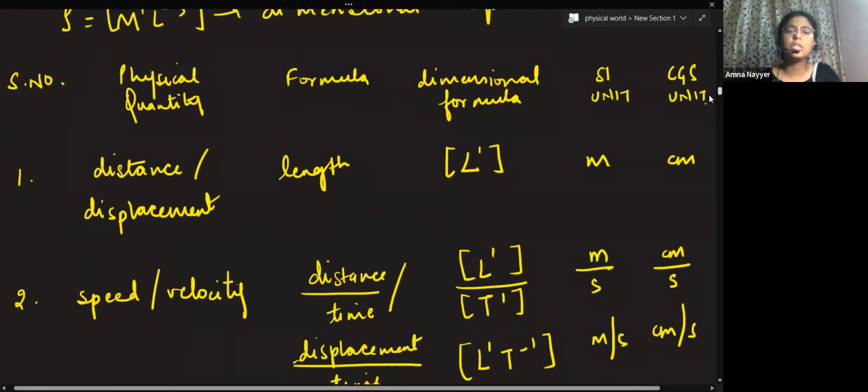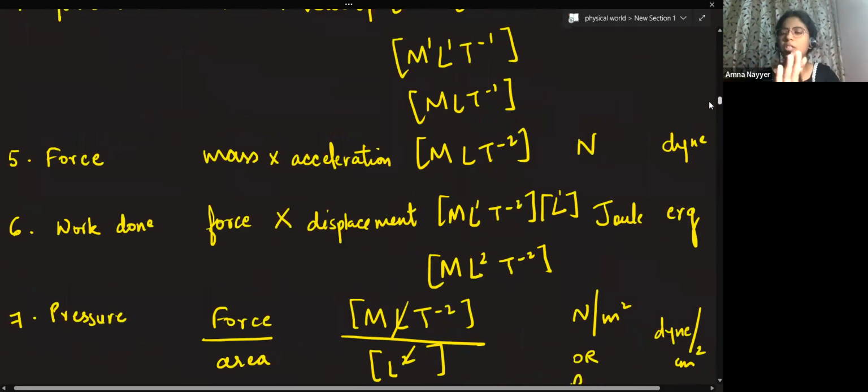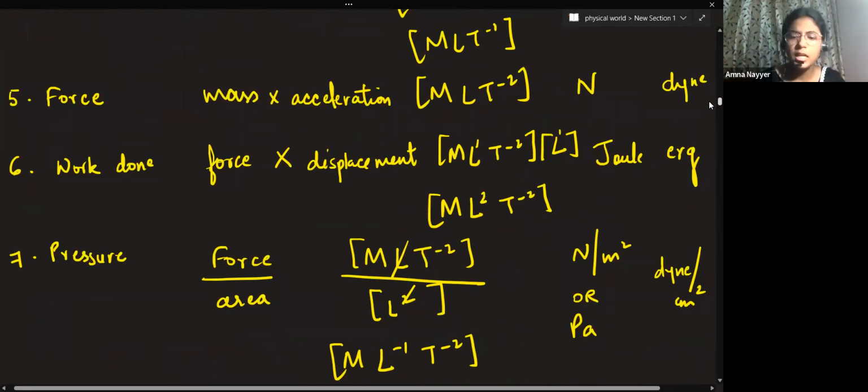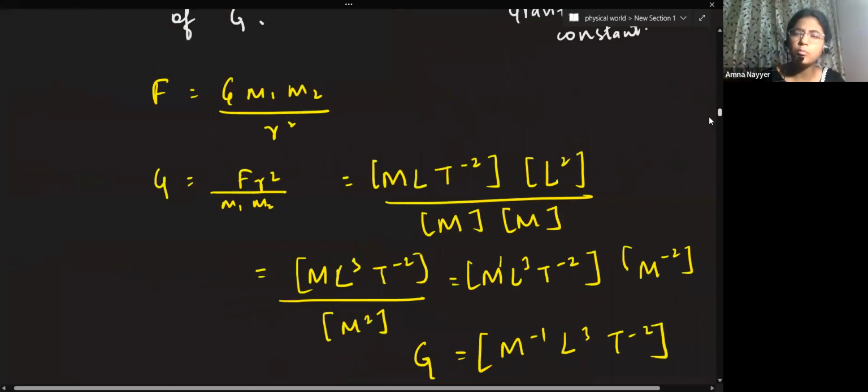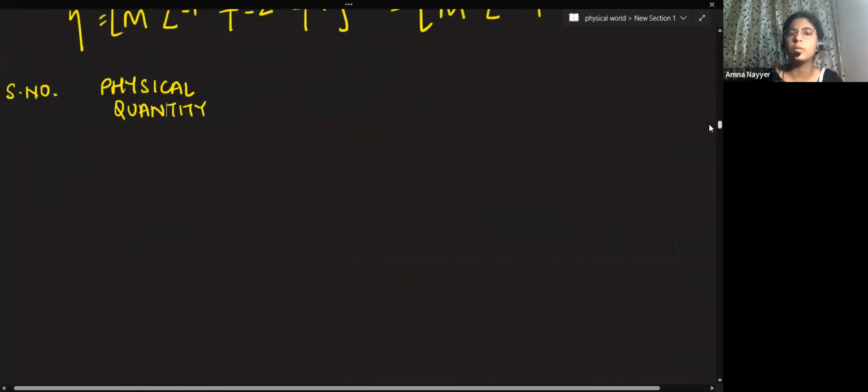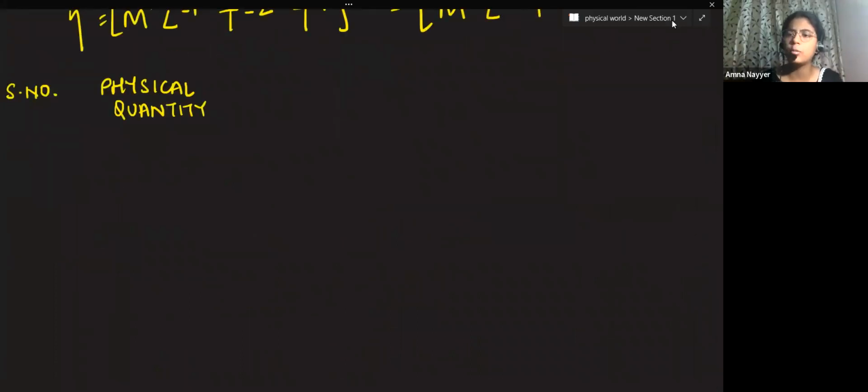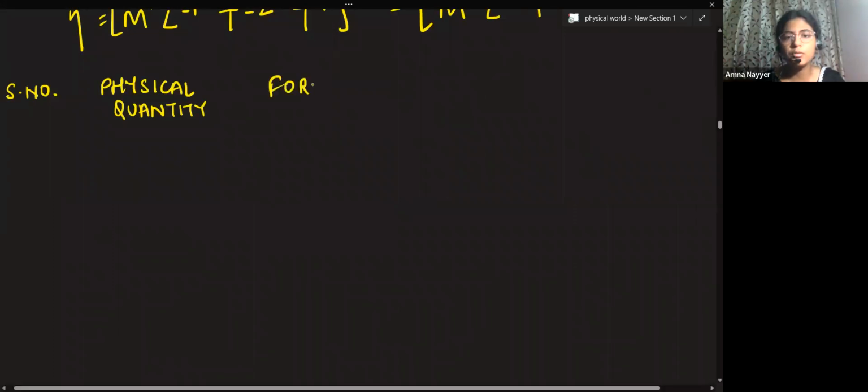So at least remember the formulas till these 7. The rest of them we are discussing. Most probably you will be provided with the formula. If not, then I'm writing the formula as well. So we have the physical quantity, then the formula of it, then the dimensional formula.